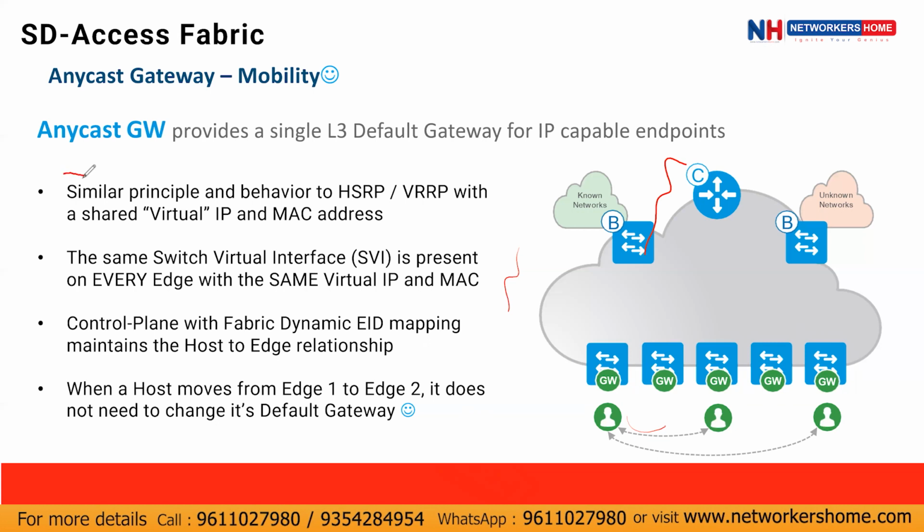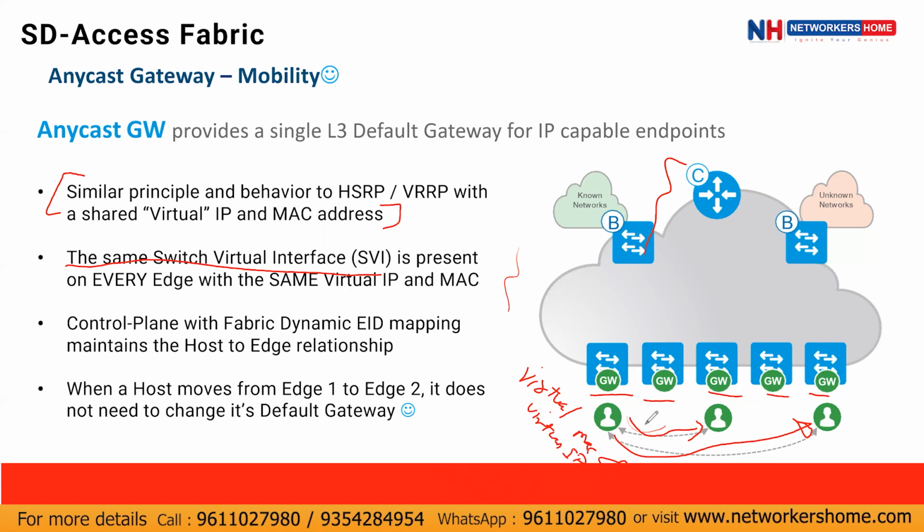So it has a similar principle and behavior to HSRP and VRRP, wherein they have a virtual MAC and virtual IP. So the same switch virtual interface, which is the SVI, is present on every edge for mobility purposes, so that if the users are switching their location from one floor to another, or one access point to another access point, they'll have the same level of experience because of this feature.